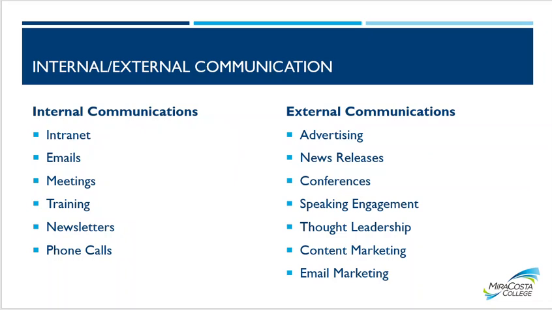So here are some examples of internal communications and external communications. Here's a list, which explains it a little better. Internal communications: the intranet, emails, meetings, training, newsletters, and phone calls. External is more like advertising, news releases, conferences, speaking engagements, thought leadership, content marketing, and email marketing.